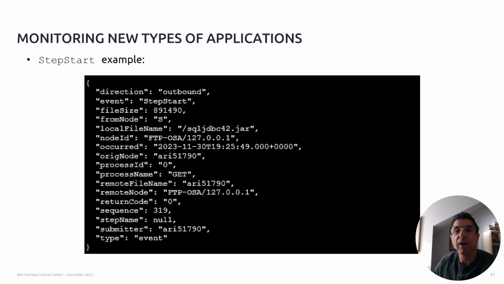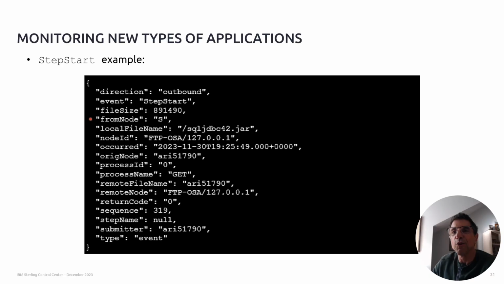So here's a step start example that's actually about a transfer starting. And it's got a local file name, it's got a remote file name, it even has a remote node name. And it's got the monitored server name.